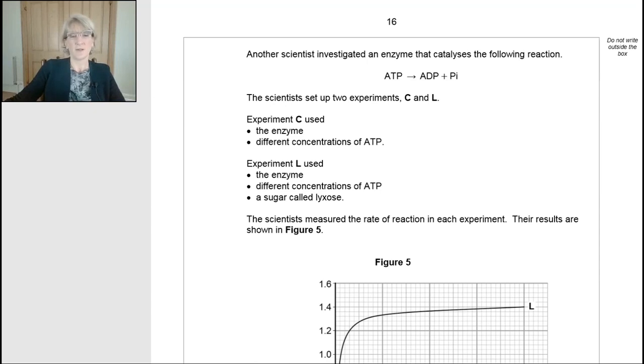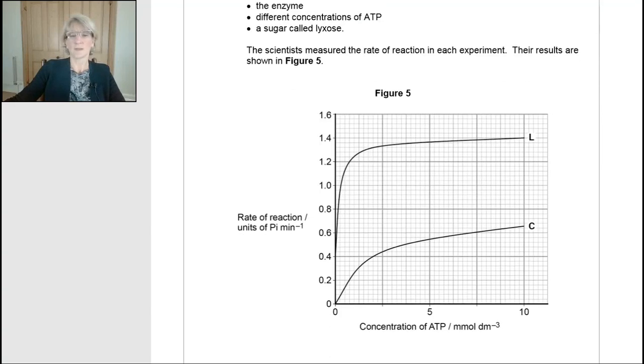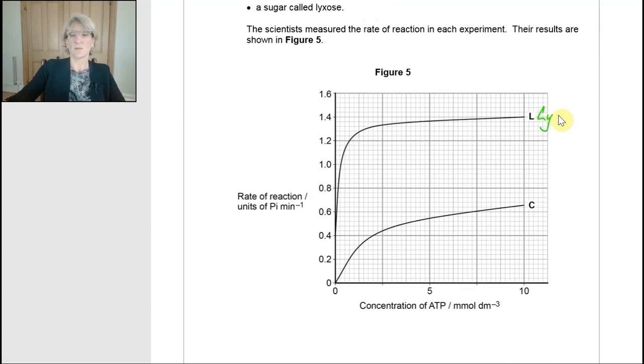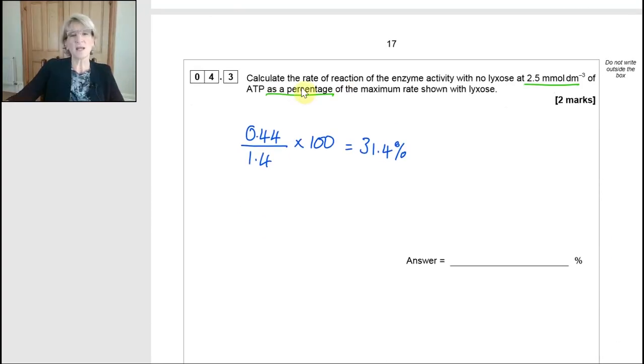So, having a look at this question, this is with Lactose and this is without. So here you're asked to calculate the rate of reaction with no Lactose at 2.5 as a percentage of the maximum rate shown.